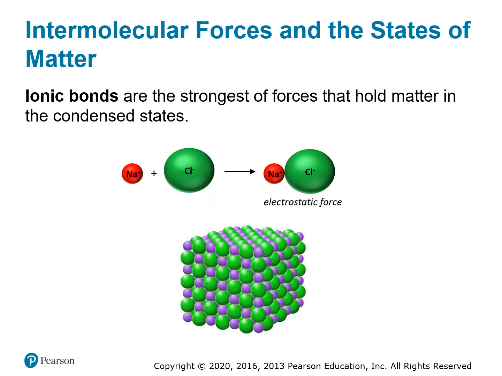Now, let's talk about the intermolecular forces and the states of matter. Here we have a solid, which is an ionic solid, sodium chloride. Here we have interactions between two different types of ion, a cation, sodium, and an anion, chloride. The intermolecular force here is electrostatic, so this is a very strong interaction.